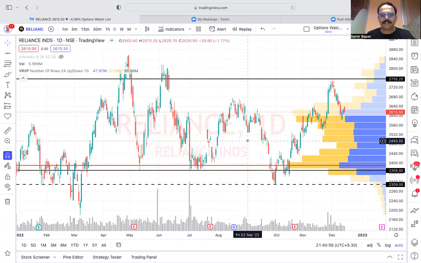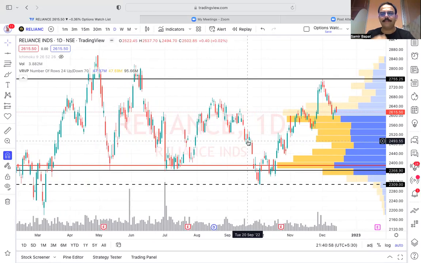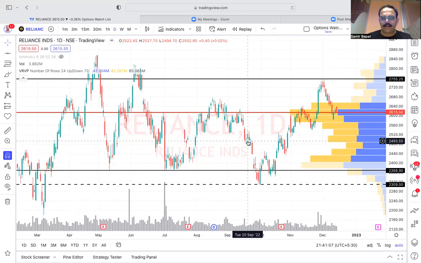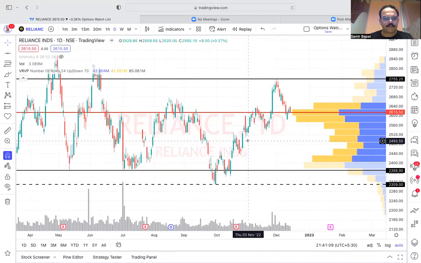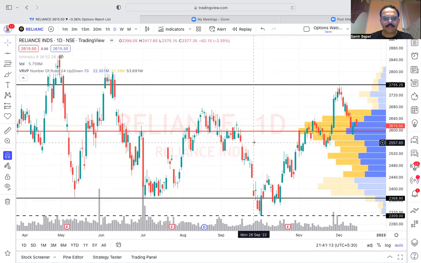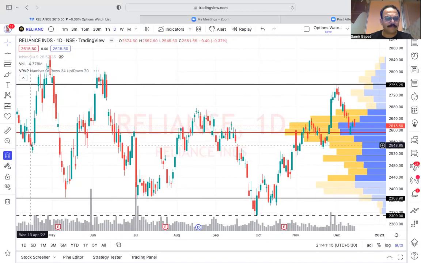The idea is now you have the volume profile. Okay, let's move ahead right now and then we'll see. So you have this VRVP and you take data for 1 year.